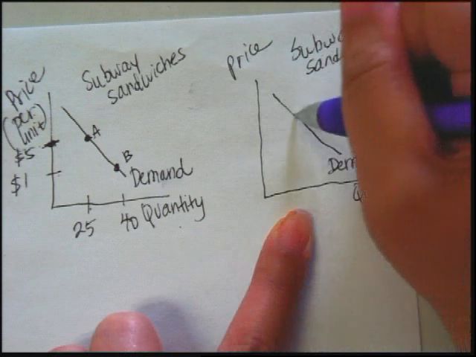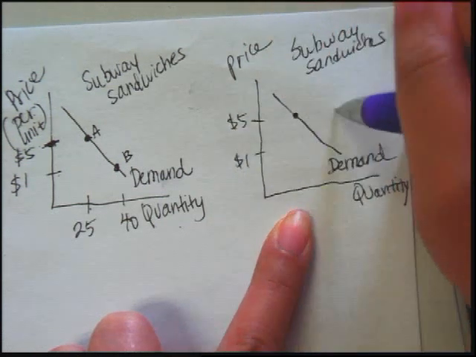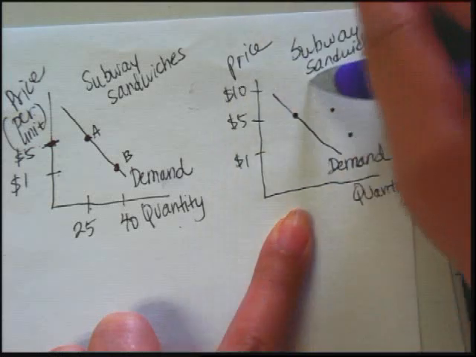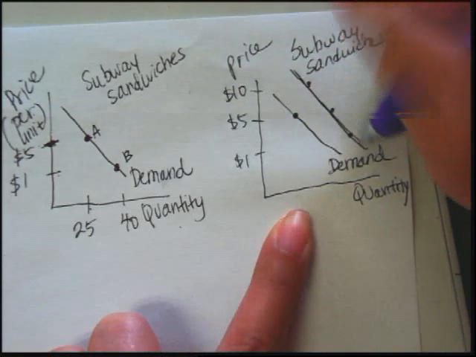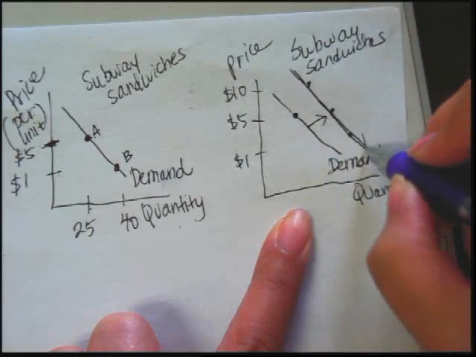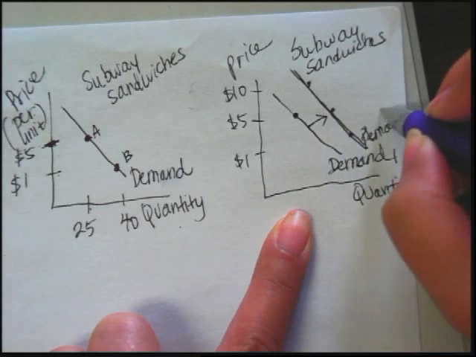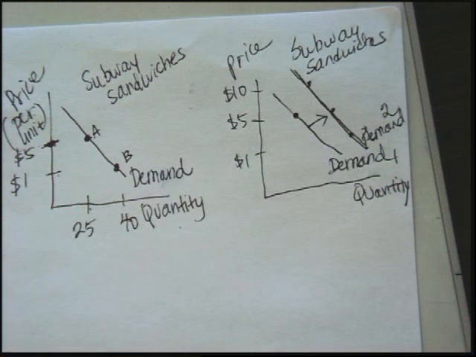So at $5, at $1, if people are going to eat more at every price, this is what happens. So I'm going to call that demand 1. I'm going to call the second one demand 2. Now see the difference?